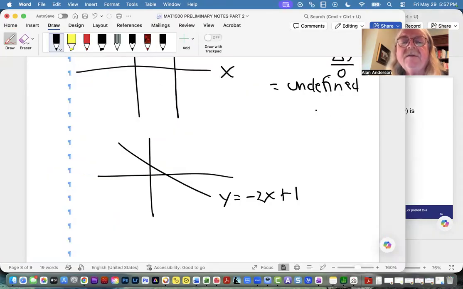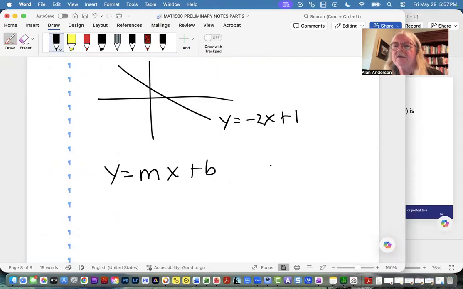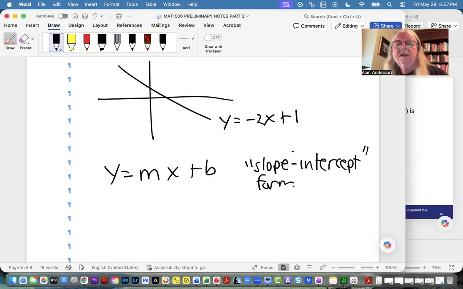Now, everybody's used to this form for writing a linear equation. This is known as the slope-intercept form, because it tells us explicitly the intercept and the slope.